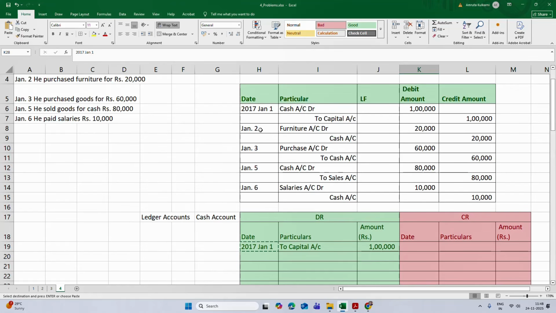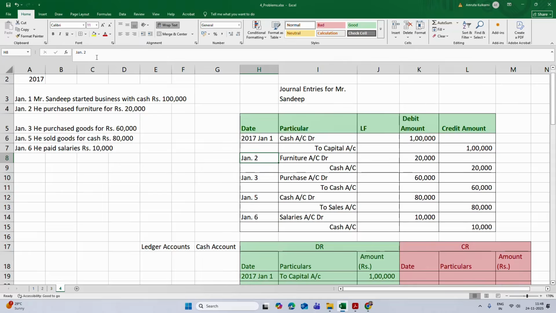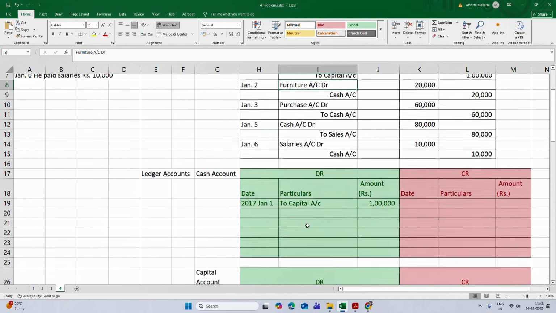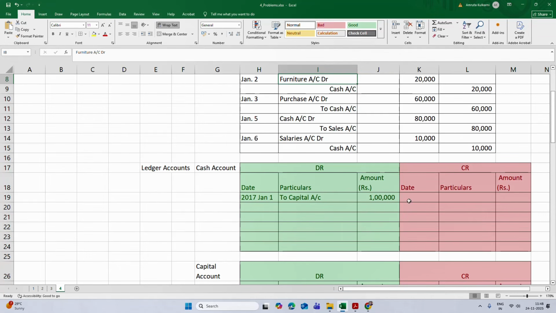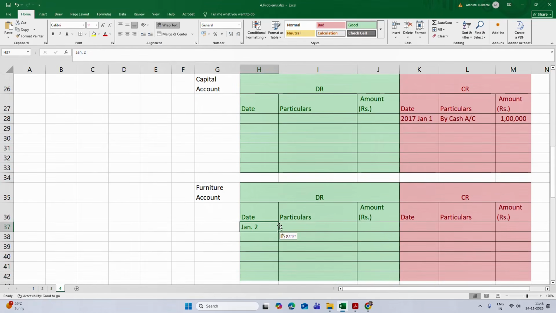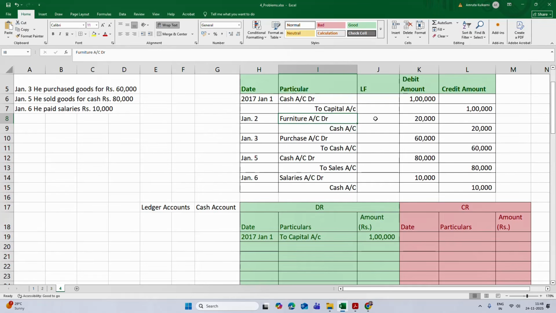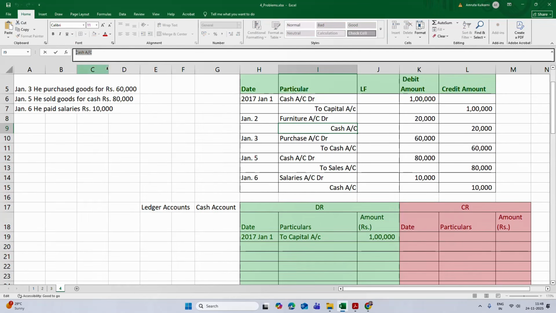Now on 2nd of Jan, what is the transaction? That is on 2nd of Jan, furniture account is debited for 20,000 by cash, which is credited 20,000. So I will go to now furniture account, that is my furniture account is debited. So this furniture account is debited now by which one? That is cash.